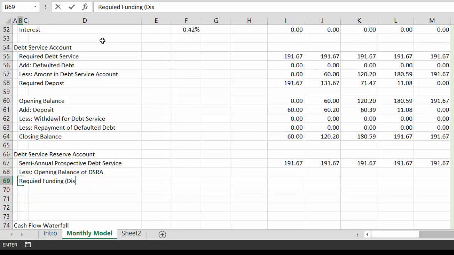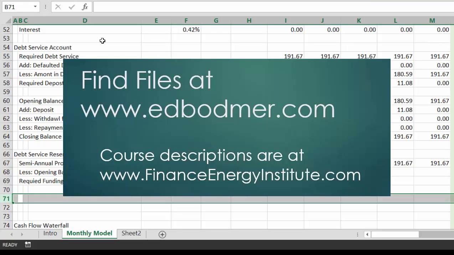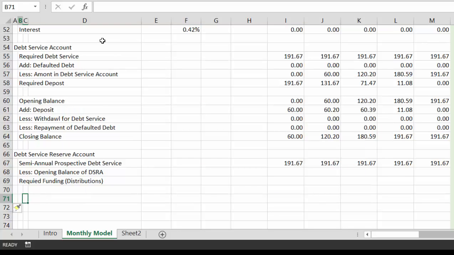Maybe we'll put distributions when it's negative. Okay, and then so it looks very much like the regular debt service account, but it's very different. This doesn't build up and draw down. This just stays there.